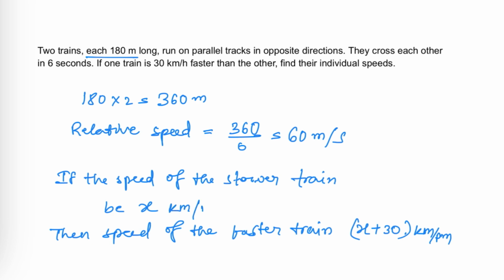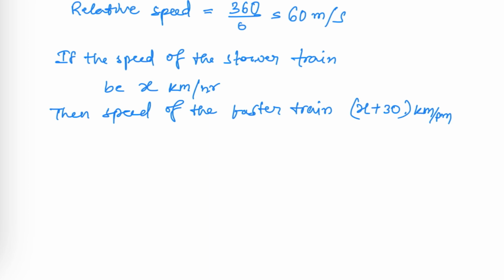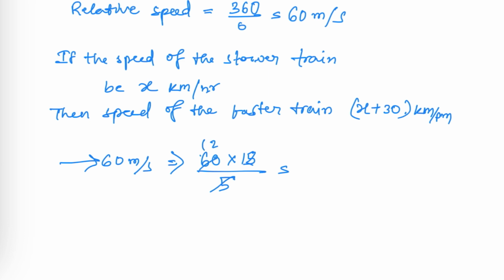So we can convert this 60 meter per second, you can convert this, it will be 60 into 18 by 5, so it will be 12 times 18, total 216 kilometer per hour.